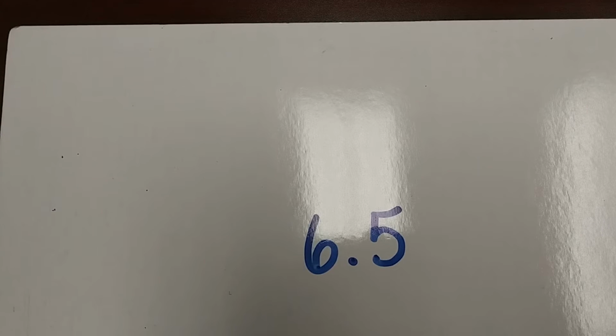Now turn to page 410 and look at number 25. The direction says solve each equation and check the solution. So on number 25, you have to apply some of the information that we learned back in section 6.4. We talked about condensing those complex fractions.